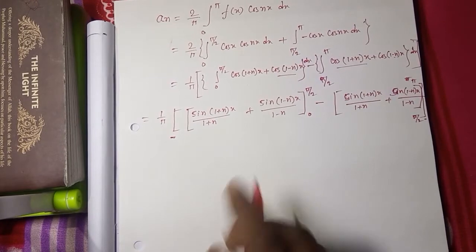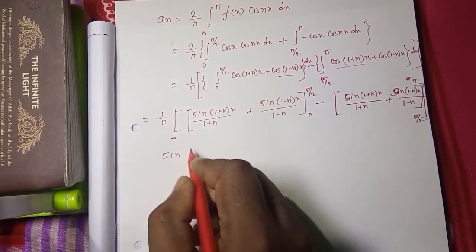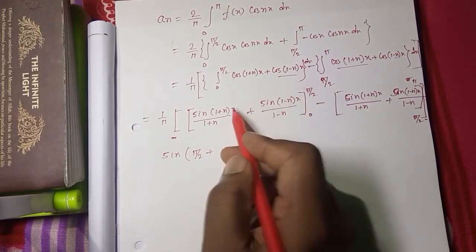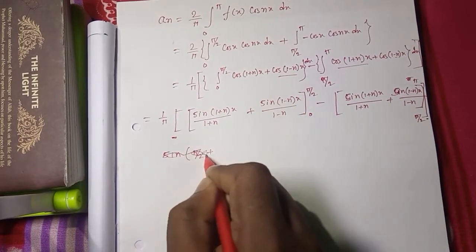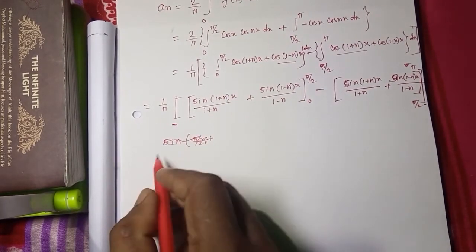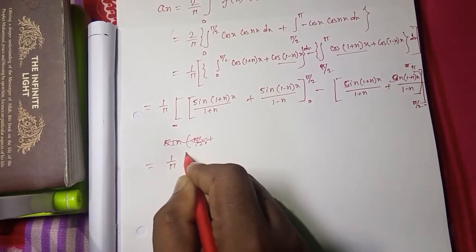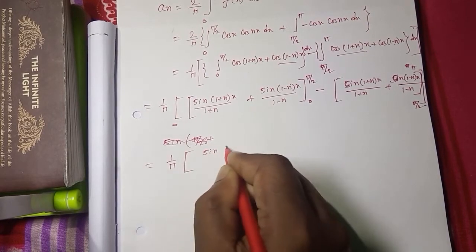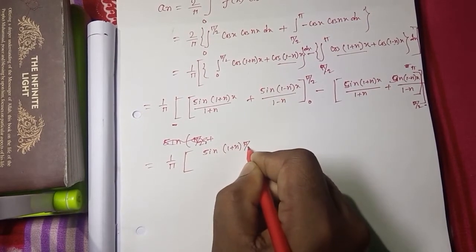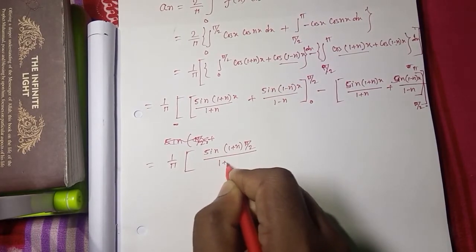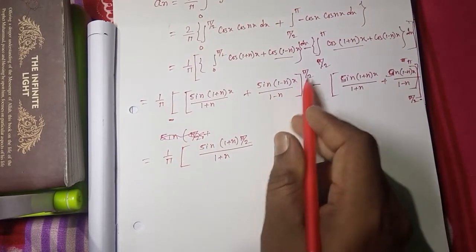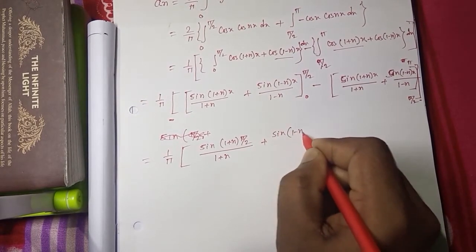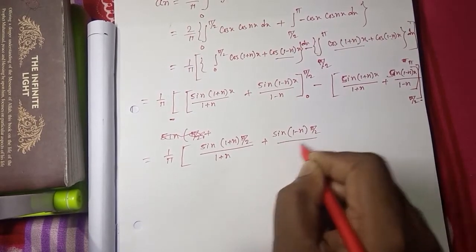And if we put this limit in earlier, we have sine of pi by 2. If we put pi by 2 upper limit here, then we get sine of (1 plus n) pi by 2 by (1 plus n), and this limit gives sine of (1 minus n) pi by 2 by (1 minus n).